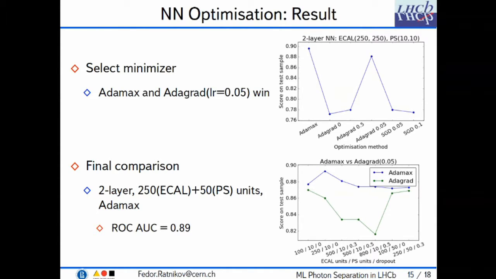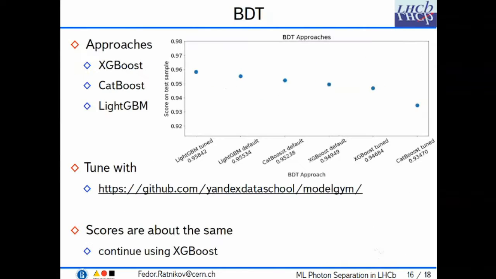Finally we pick Adamax and Adagrad as the final two winners, and in the end we got some best point. This is our best result for the neural network, 0.89, compared to 0.8, I guess, before.